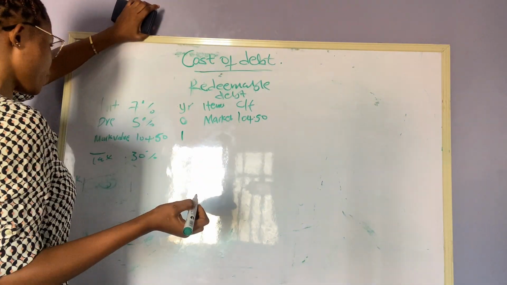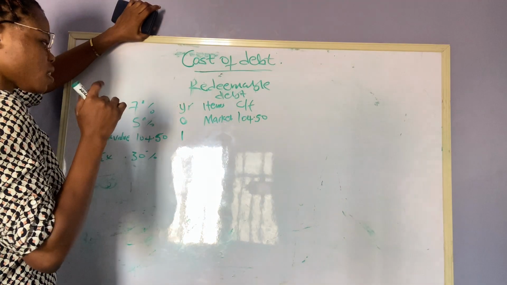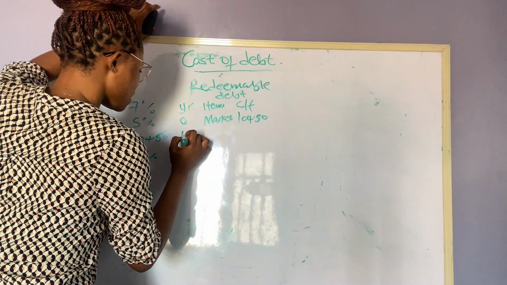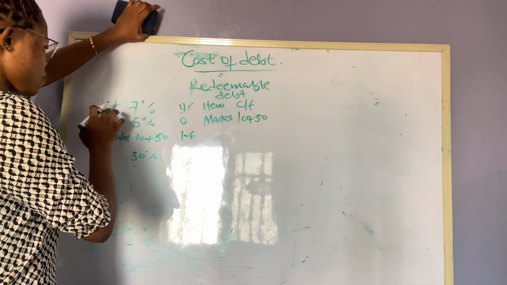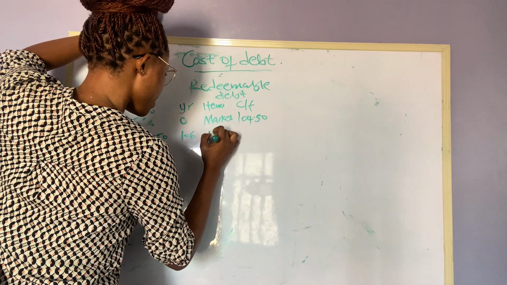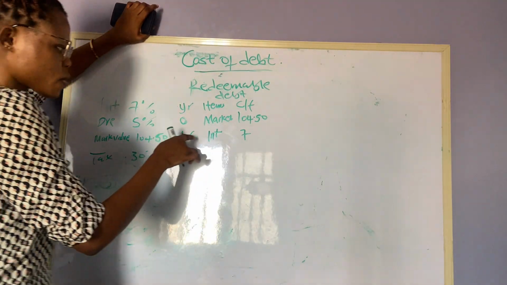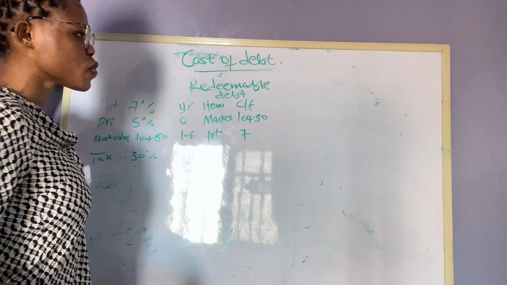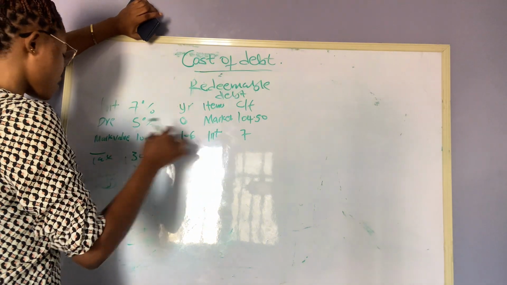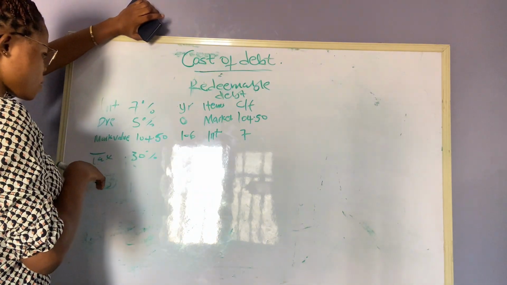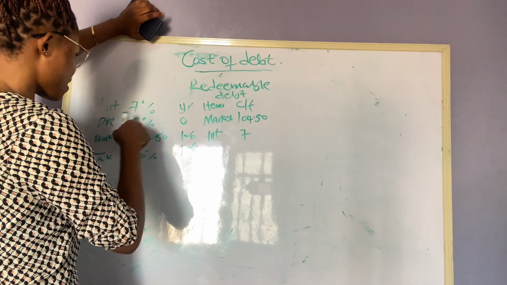Then we also have year 1 to 6. Our interest was 7 naira for year 1 to 6. Another thing for years 1 to 6 is the tax save.